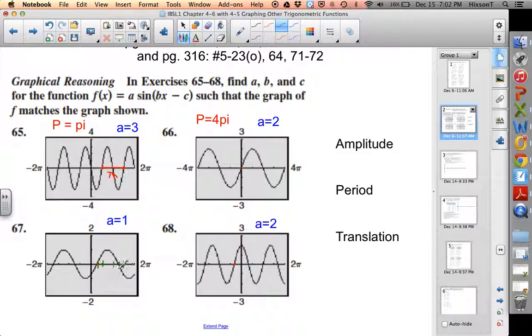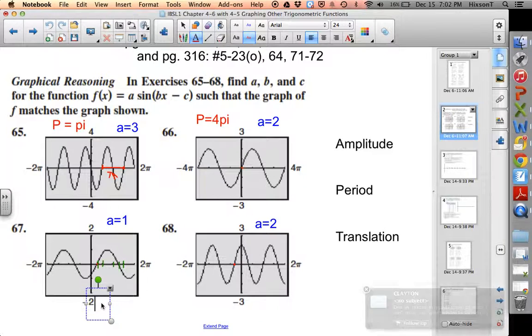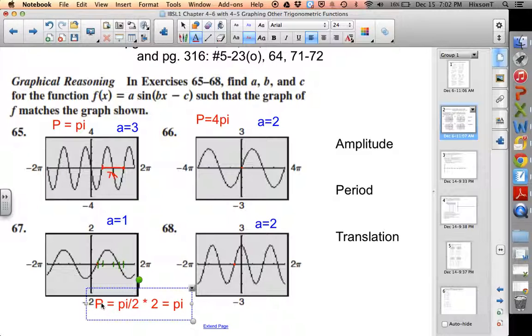So we have a distance from 3 pi over 4 to pi over 4, that if we subtract, that's 2 pi over 4 or pi over 2. We're going to take pi over 2 and multiply that by 2. So pi over 2 times 2 to get the whole period is just going to be pi. So that's our period for number 67.